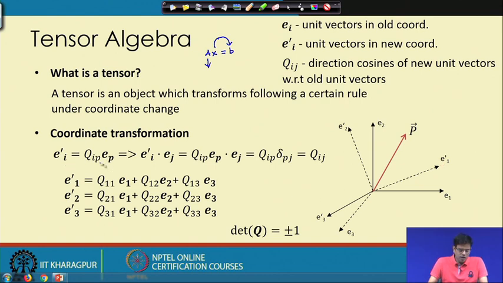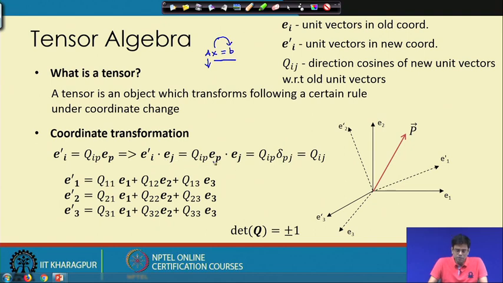From our basic definition of a tensor, we assume that e_i prime is transformed through a tensor Q, that is e_i prime equals Q e_p. Now, if we take the dot product with e_j, then we can simply prove that e_i prime dot e_j is Q_ij.